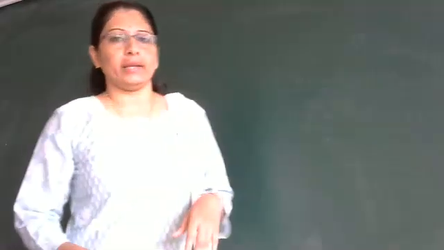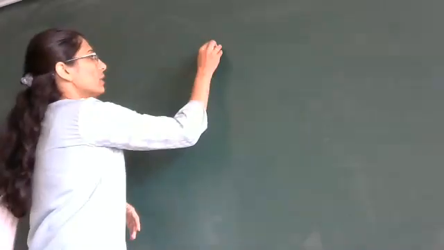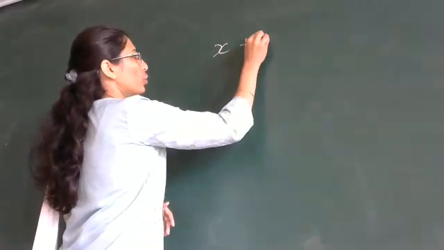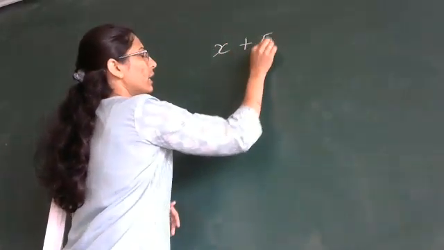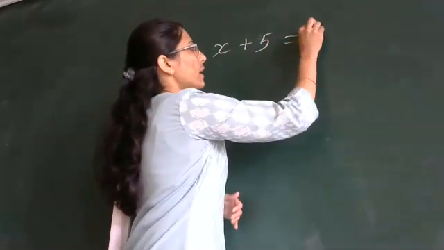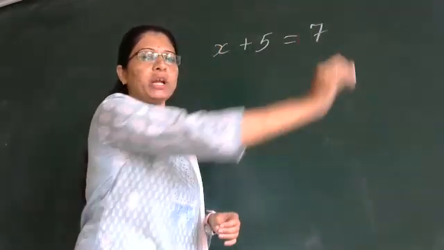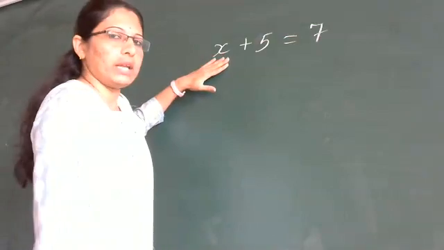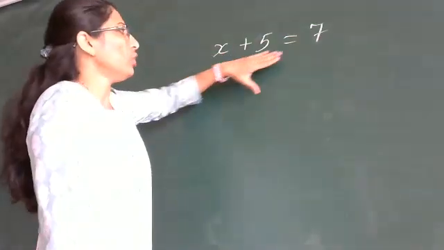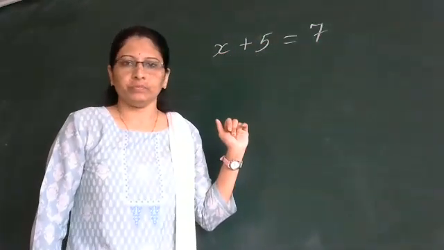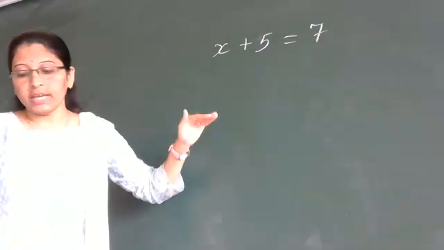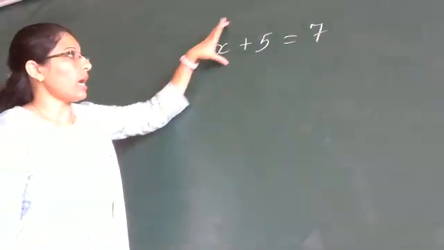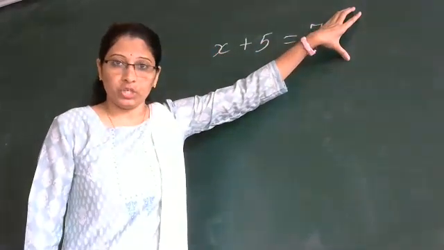For example, x added to 5 gives 7. In this expression we can see one variable and two constants. Such expressions are mathematical expressions.